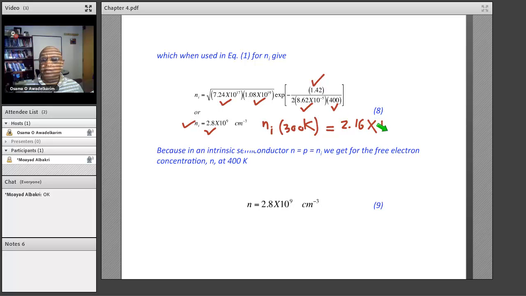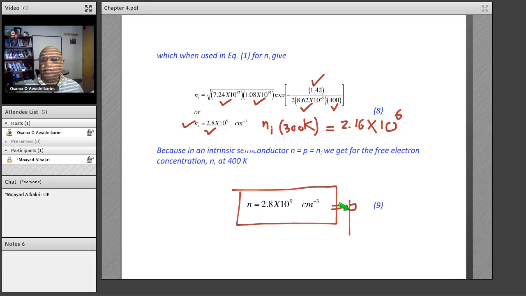So we have almost 3 orders of magnitude difference between Ni at 400 Kelvin and Ni at 300 Kelvin. This is the concentration of free electrons, and also the concentration of free holes in the intrinsic semiconductor at 400 Kelvin.